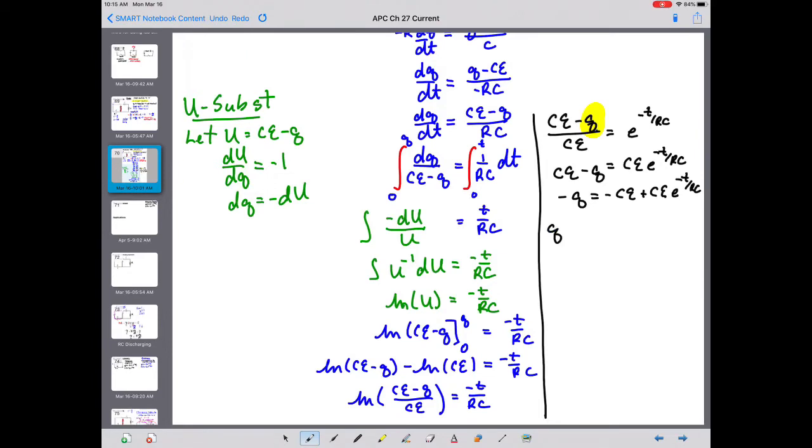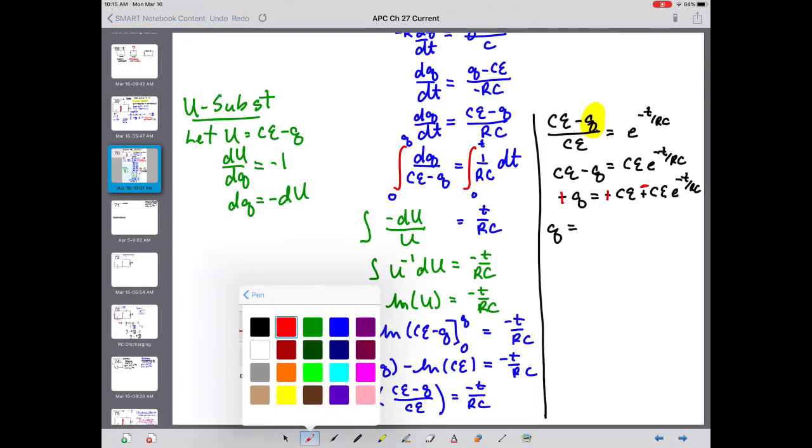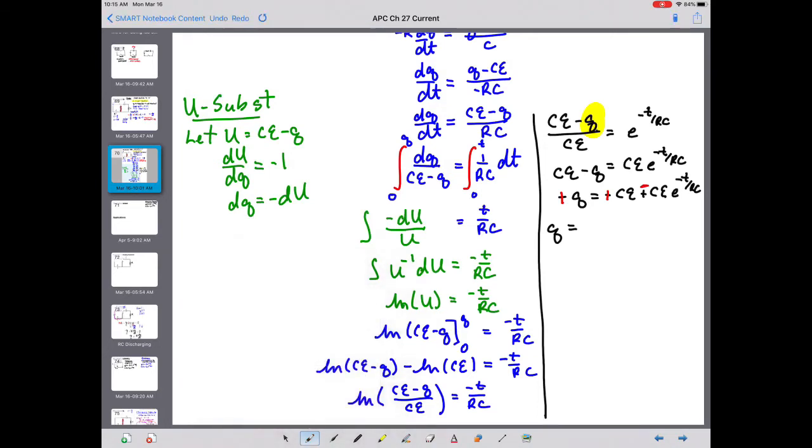Throwing the negative on the other side, I'm going to do a couple algebra statements here. So Q is equal to, with a negative on the other side, that I'll flip my two signs on the other side. So I'm going to make that positive, that'll become positive, this will become negative, and then I'm going to flip around the order of those two.